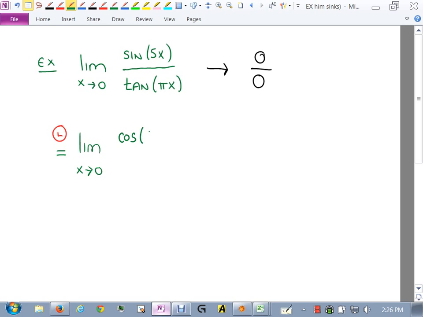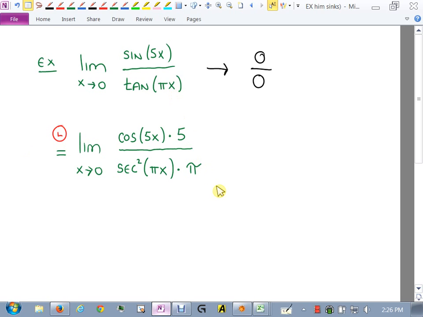It's cosine 5x times 5. Don't forget the chain rule. You have to take the derivative of what's inside. Over, now the derivative of the bottom. What's the derivative of tangent of something? Secant squared of pi x times pi, because the derivative of pi x is pi.